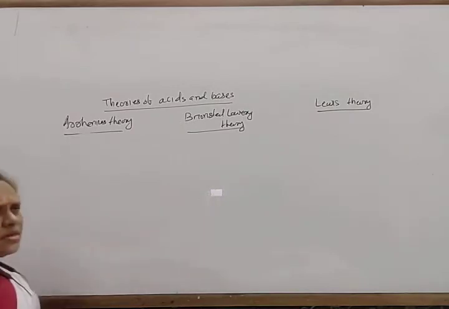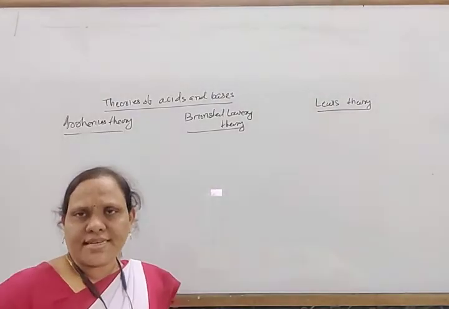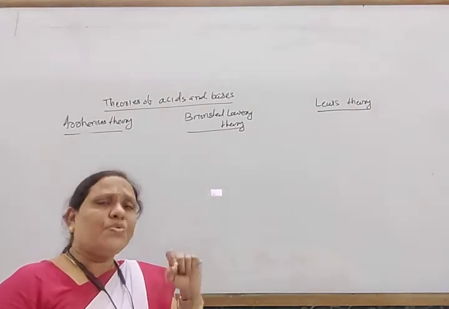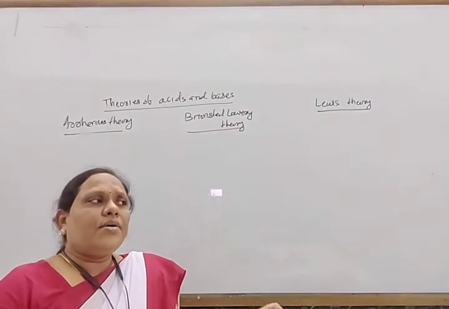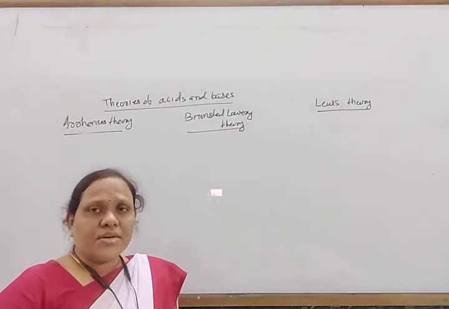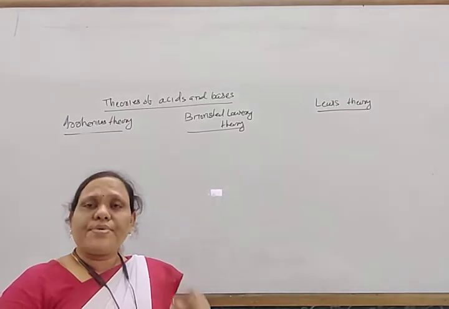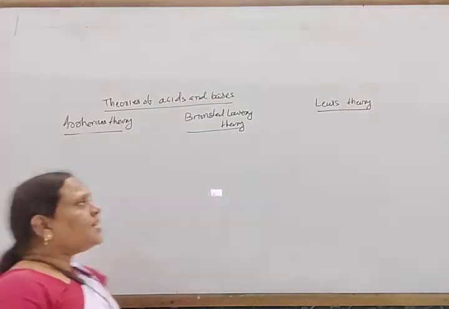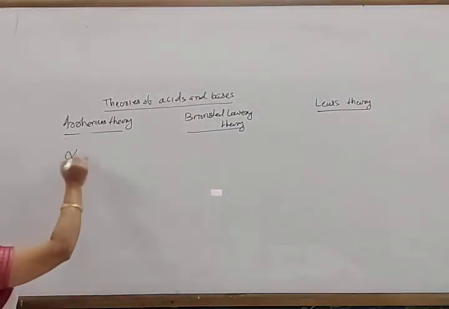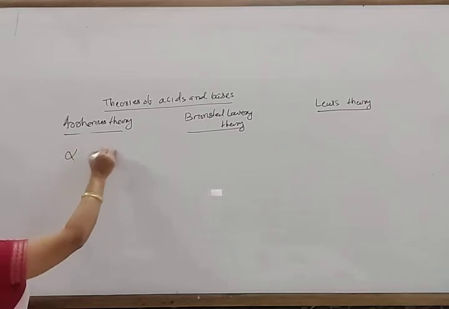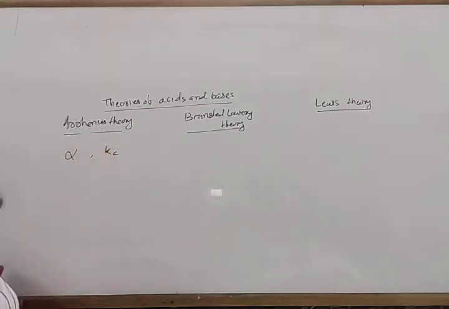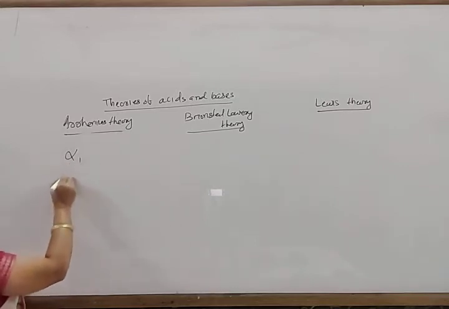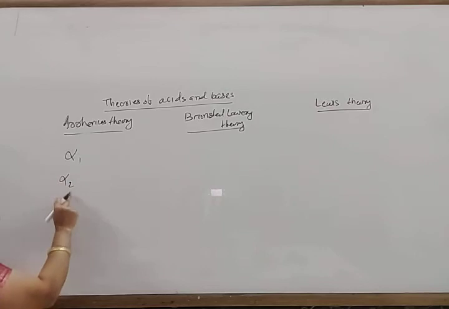That is, suppose we consider two acids, formic acid and acetic acid. Both are weak acids. So among them, which one is stronger and which one is weaker? That can be determined from the degree of ionization or from the dissociation constants, in terms of alpha or in terms of K. Suppose alpha 1 is the degree of ionization of one acid and alpha 2 is the degree of ionization of another weak acid.